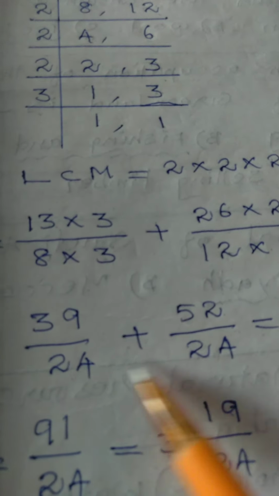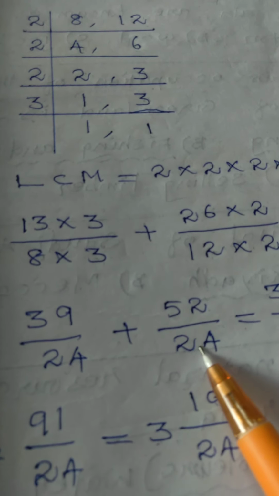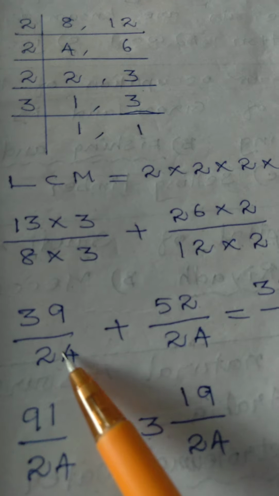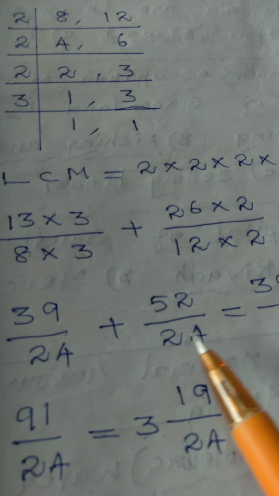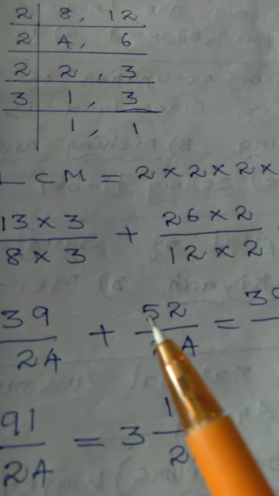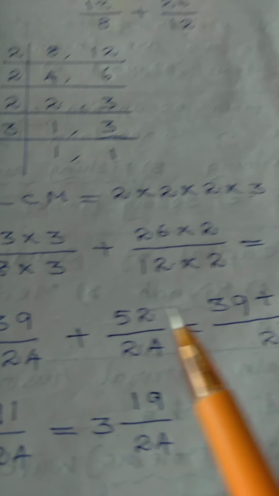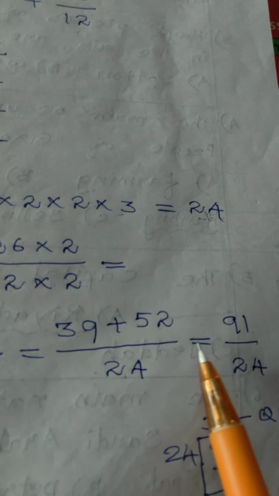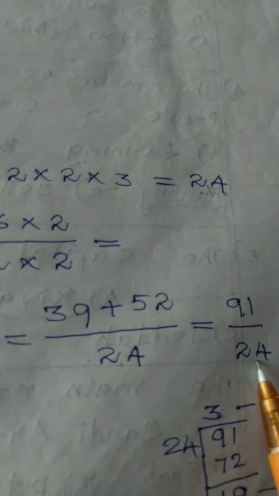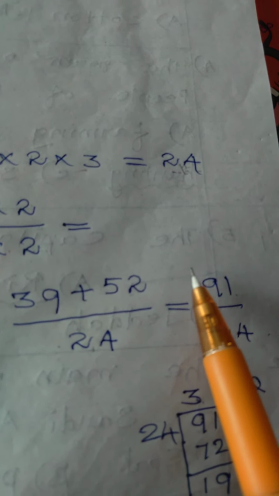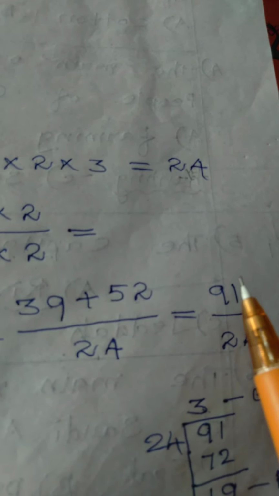Now see, the denominators are the same. Both fractions have the same denominator. If the denominators are the same, we can directly add the numerators. 39 plus 52 by 24, the same denominator, is equal to 91 by 24. This is an improper fraction. Why do we call this an improper fraction?